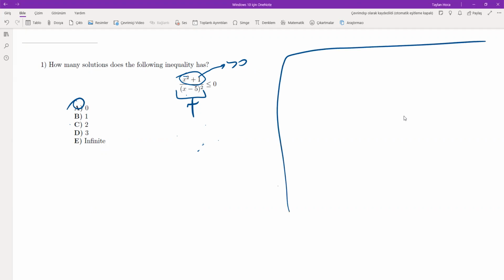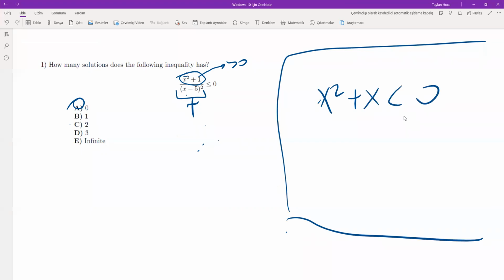Also know this. It's one question from earlier years, one of the earlier Bocconi example questions, not this year's but previous years. So x squared plus x, how many solutions to that? Let's think. x times x plus 1 is less than 0. Let's make a small table.